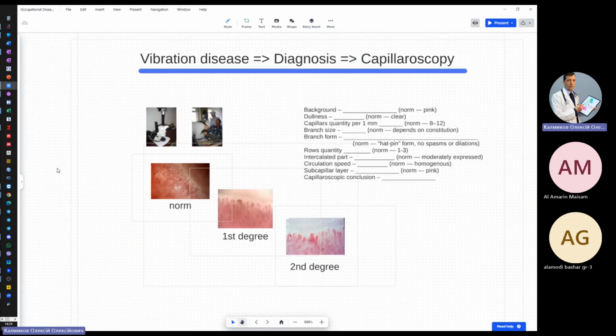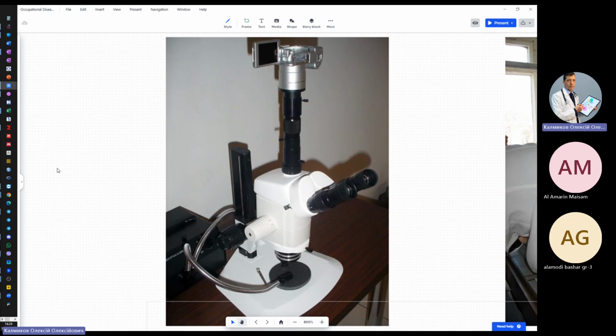Let me explain them. So here is the outlook of the microscope, specially intended for capillaroscopy. As you can see, it's a usual biological or medical binocular microscope, even stereo microscope, with, in case there is a need to document the changes, a third ocular for the camera.